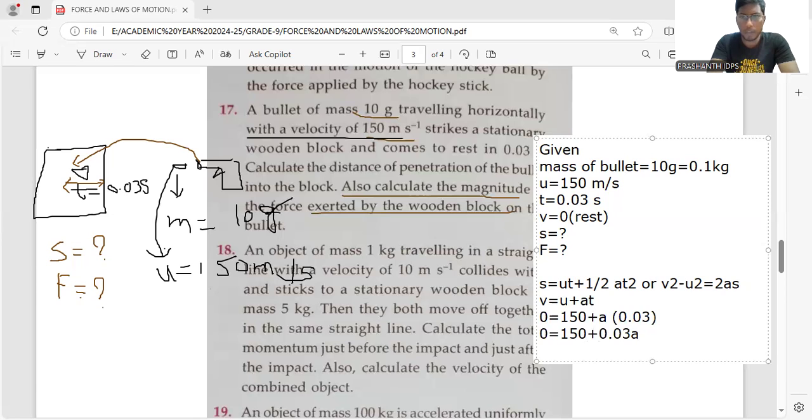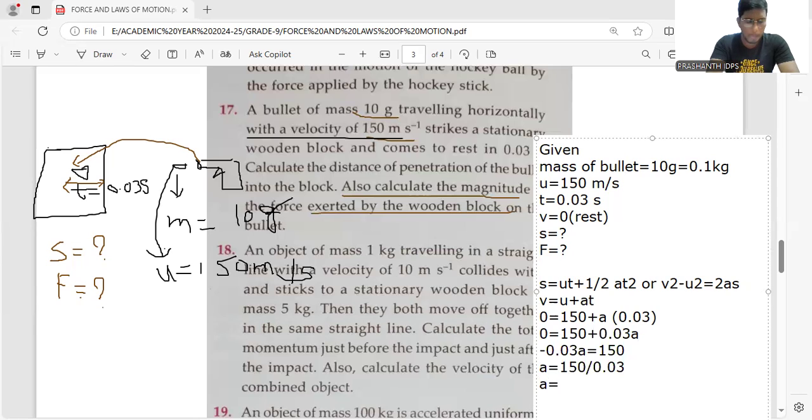Moving it to the other side, minus 0.03a is equal to 150, so a is equal to 150 divided by 0.03. If you solve it, you'll get the a value.